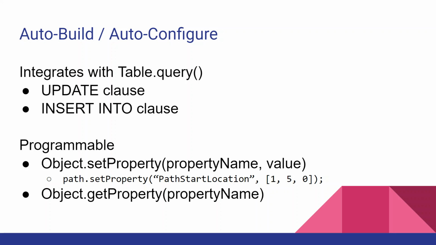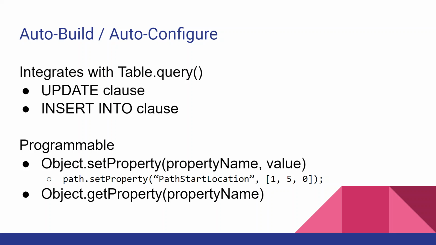It integrates into table.query. So you can use an update clause when you call the table.query and update your objects table by setting certain properties on objects, and use filters with the update clause. You can also use the insert into clause. So if we're looking at this from the perspective of a database, when you call an insert into select or insert into query, it's adding rows into a given table.